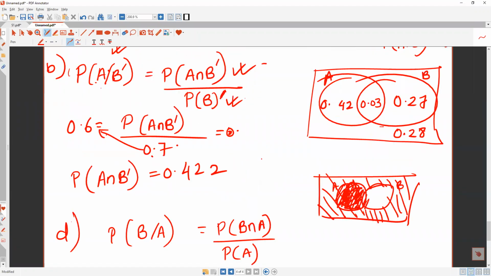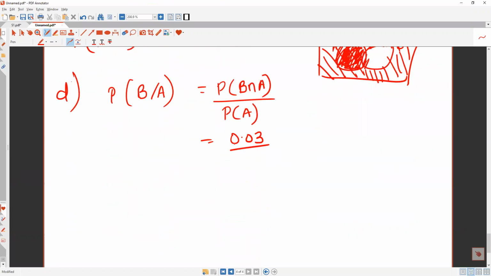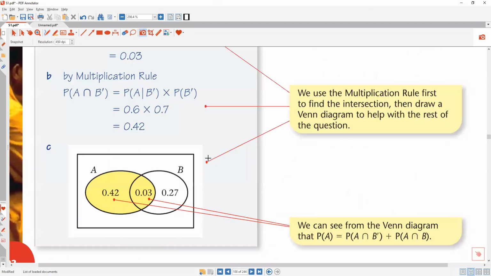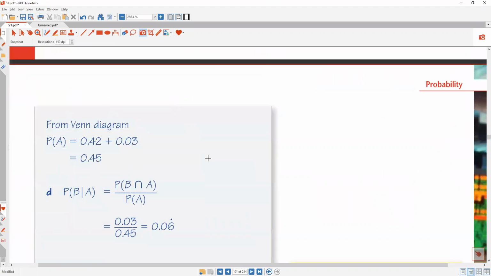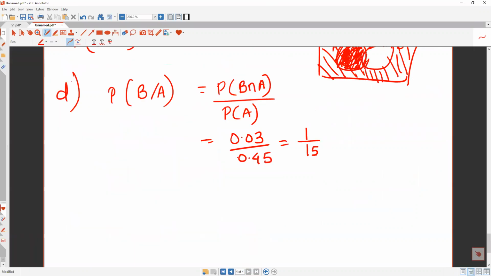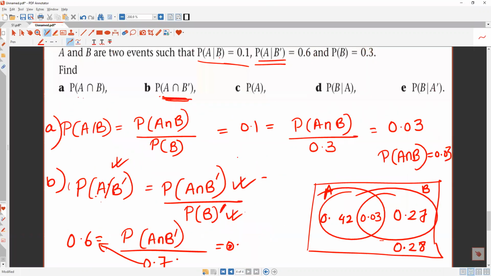A will be total of 0.42 plus 0.03. কত? 0.45. So this is going to be divided by 0.45. 0.03 divided by 0.45, that is going to be 1/15. ঠিক আছে, এটা আনসার চেক করি। D part, yes, 0.06, correct. Then D part হয়ে গেছে, let's go with E part.